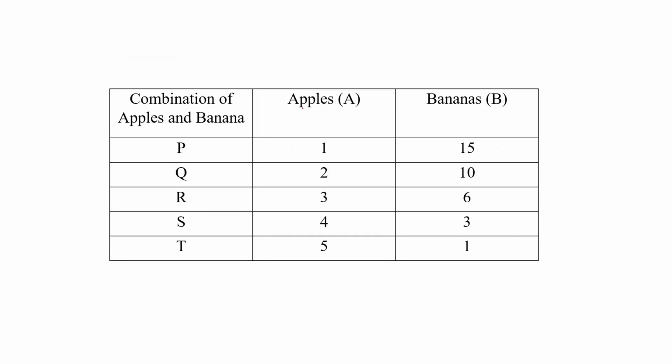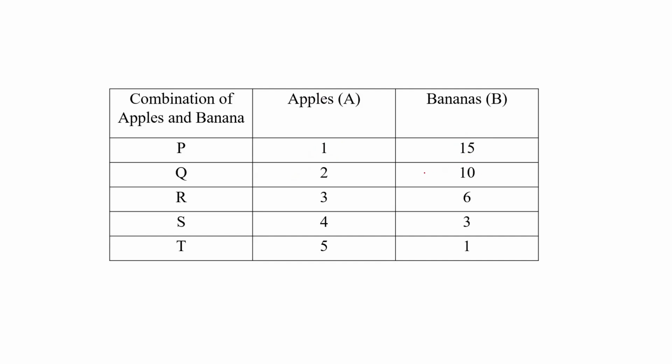In the first combination, we assume that the consumer is consuming 1 unit of apple and 15 units of bananas. In the second combination, he is consuming 2 apples. Now he is increasing the consumption of 1 apple, and on the other side the consumer is consuming 10 units of bananas.